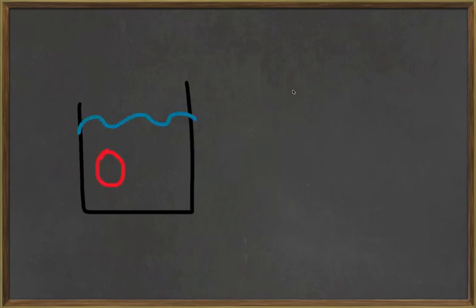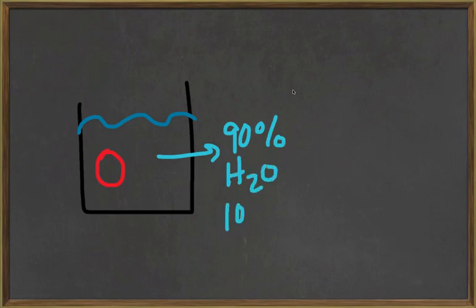If I take my red blood cell and I put it into a beaker full of a solution, I want you to tell me in terms of tonicity, isotonic, hypertonic, or hypotonic, what is going on with my cell. Say my solution over here is 90% H2O and 10% NaCl. Which way is my water going to flow?